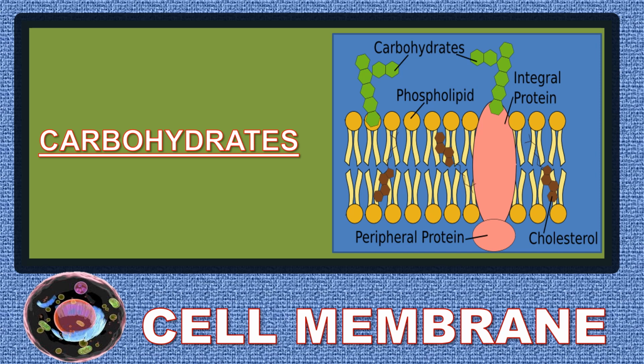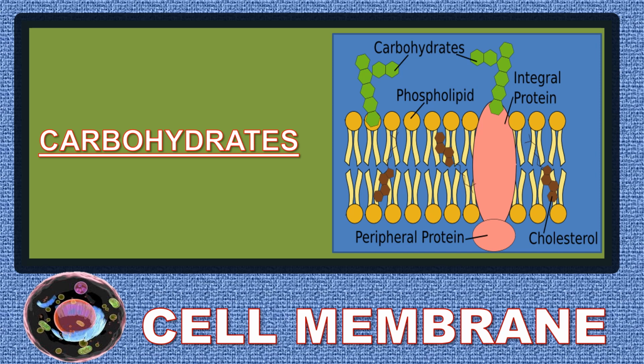Along with peripheral proteins, carbohydrates form specialized sites on the cell surface that allow cells to recognize each other. This recognition function is very important to cells as it allows the immune system to differentiate between body cells, called self, and foreign cells or tissues, called non-self.